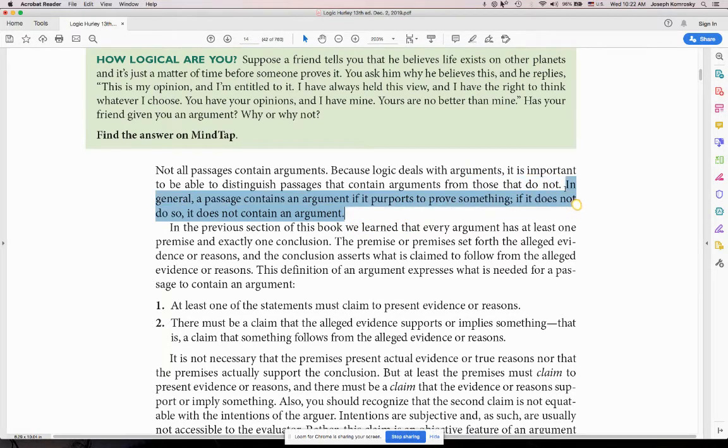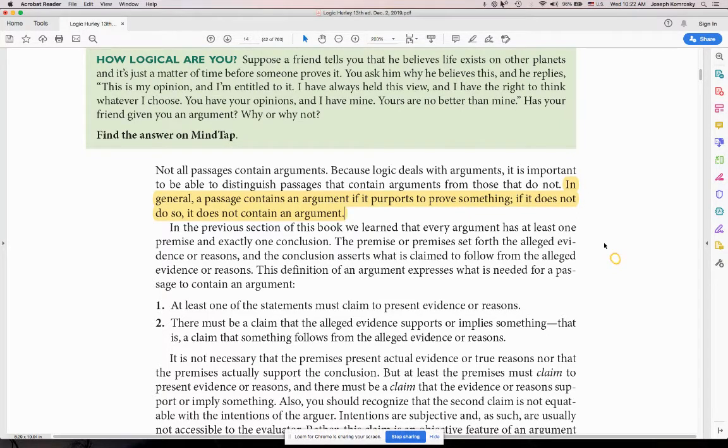So you have to be making a claim that you're trying to prove something. Even if you're not proving it, you're still trying to prove it. For example, we come across arguments that are just horrible. Remember the one that I did in the video: all dragons fly, premise 1; Joseph is a dragon, premise 2; therefore Joseph can fly, conclusion.